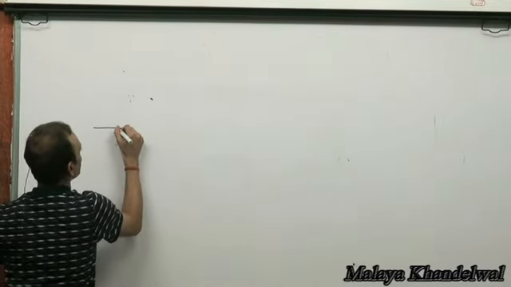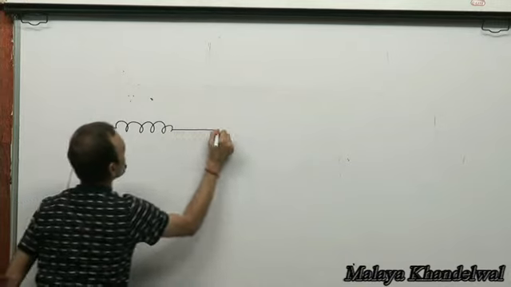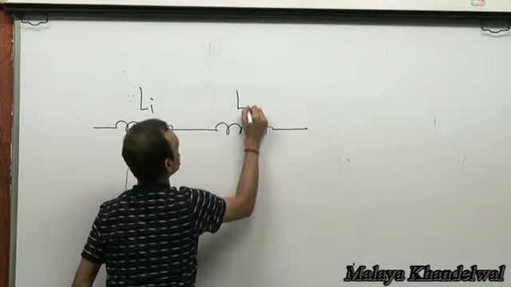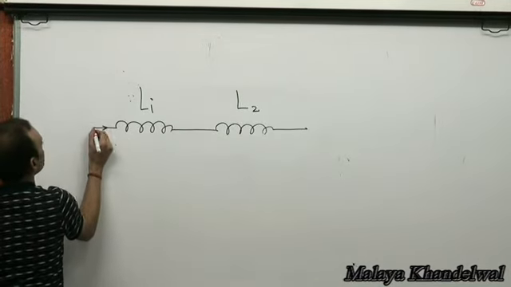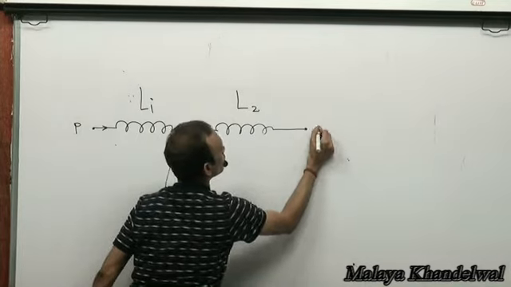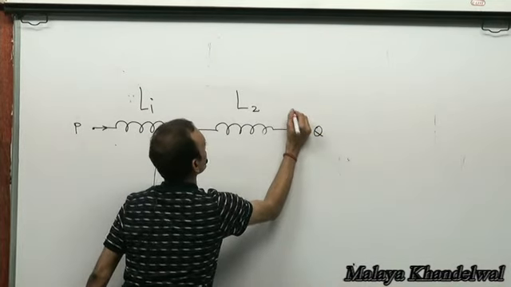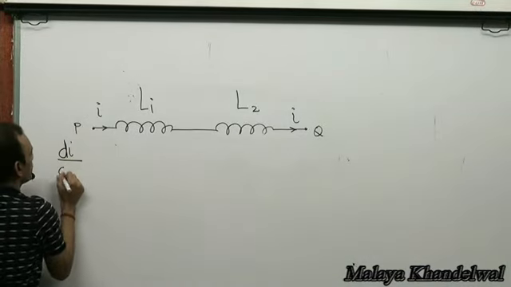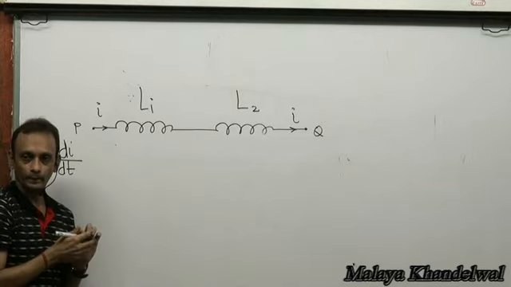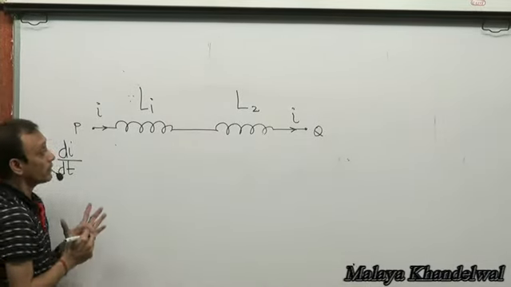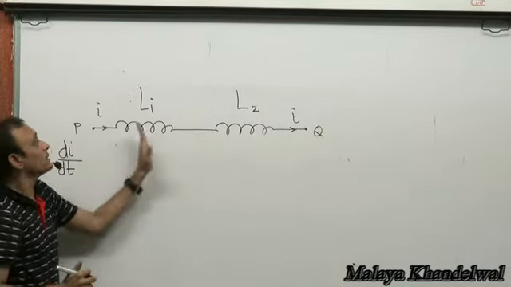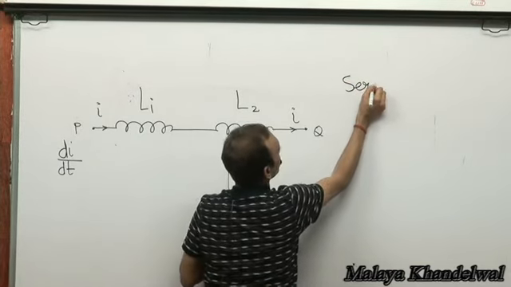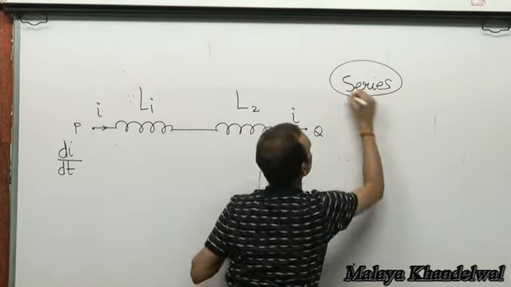When I talk of inductors in series, this is an inductor element L1, this is an inductor element L2, and a current I flows from P to Q. At this instant there is a di/dt associated with the current, and I want to be able to replace this. So in this case, L1 and L2 are said to be in series.